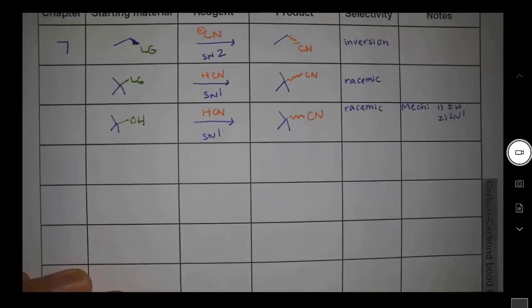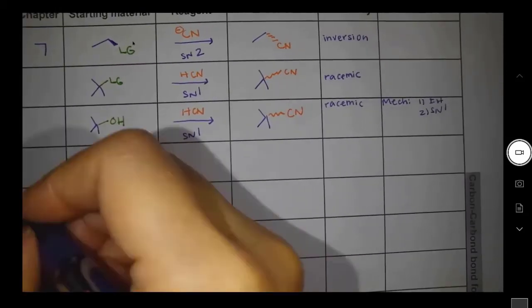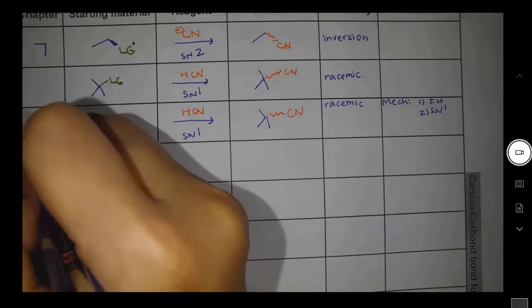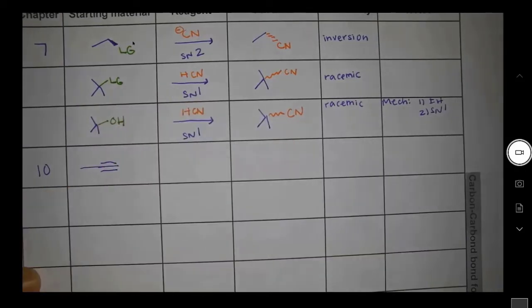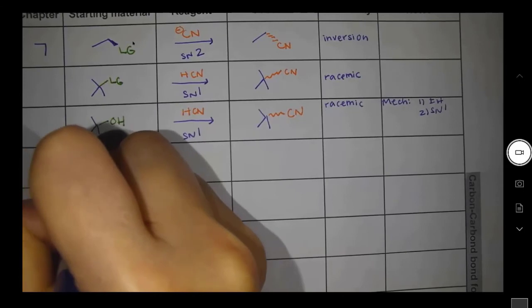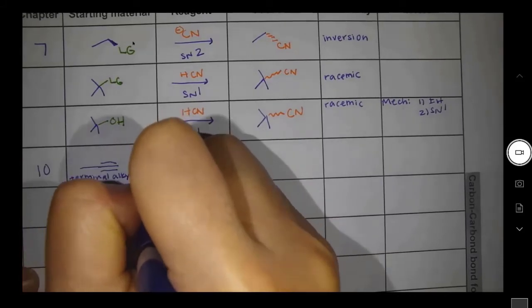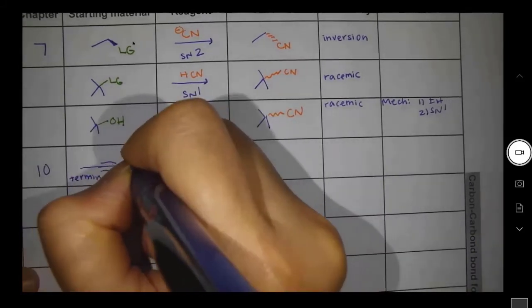All right, so far we've only added from chapter 7, so now we're going to add a chapter 10 reaction. And this one only works for terminal alkynes. And that is because we need that acidic proton on the end there.